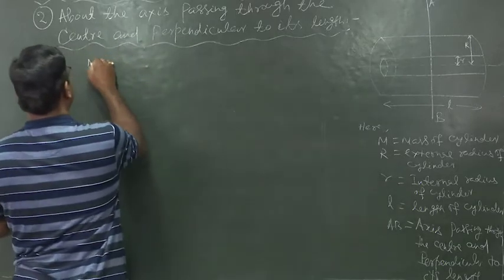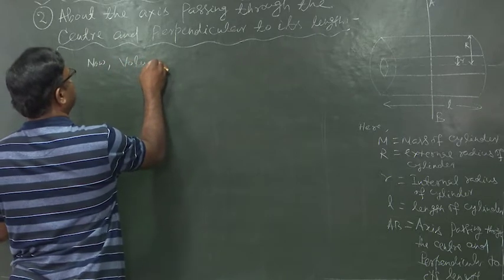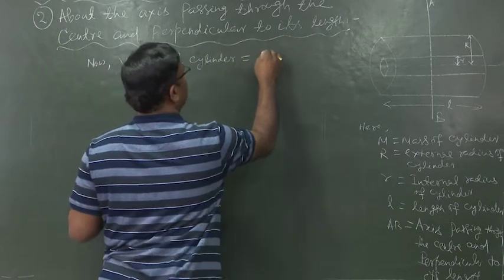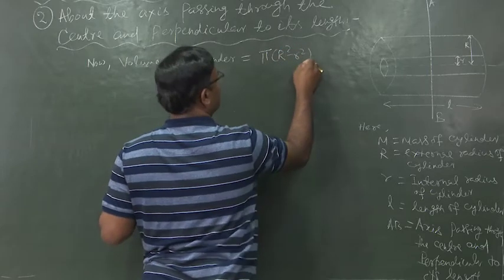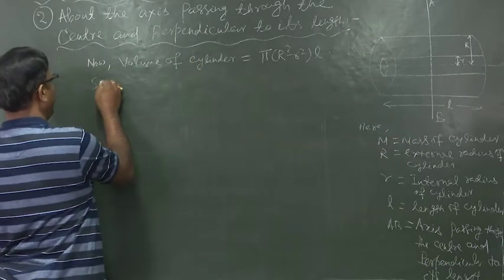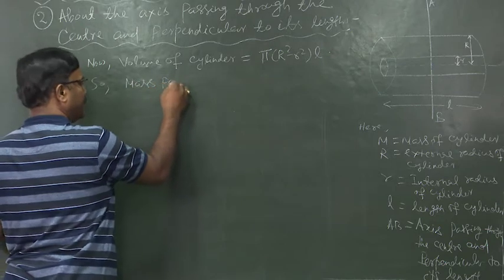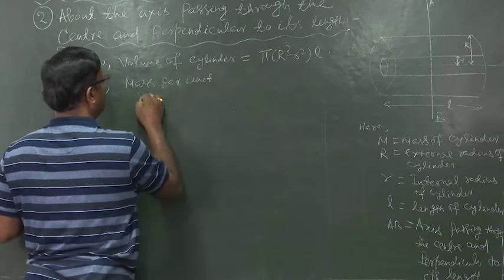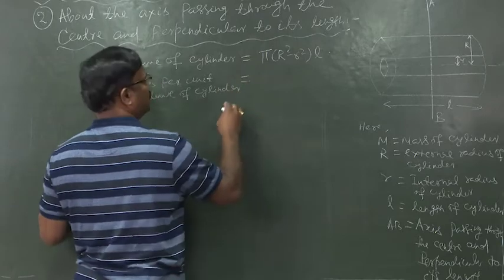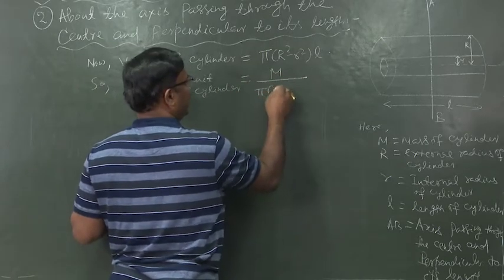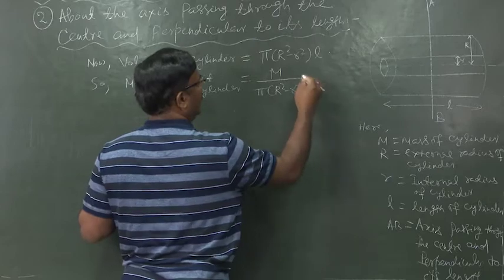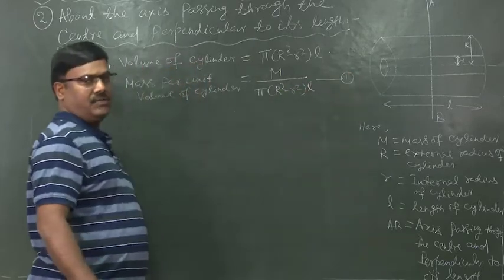Now, volume of cylinder is equal to pi (R square minus r square) into L. And since m is the mass of the cylinder, the mass per unit volume of the cylinder is equal to m by pi (R square minus r square) into L. Let this be equation 1.